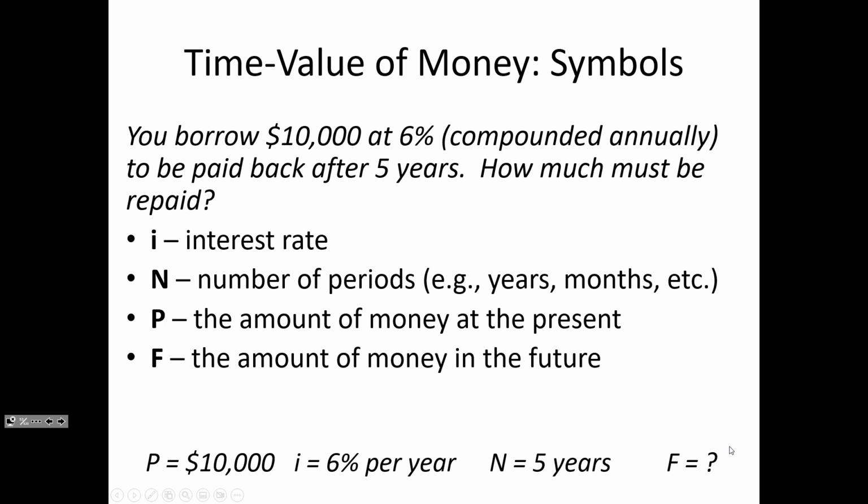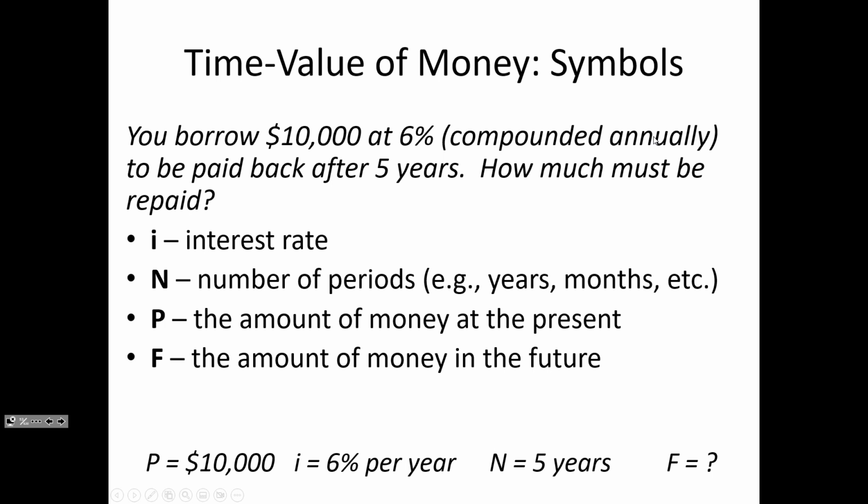Okay. Now last time we talked about the difference between annual compounding and monthly compounding. So what if the problem said you borrow $10,000 at 6% compounding monthly? If it said compounding monthly, this wouldn't be our shorthand. What would be the shorthand now? Divide 6 by 12.